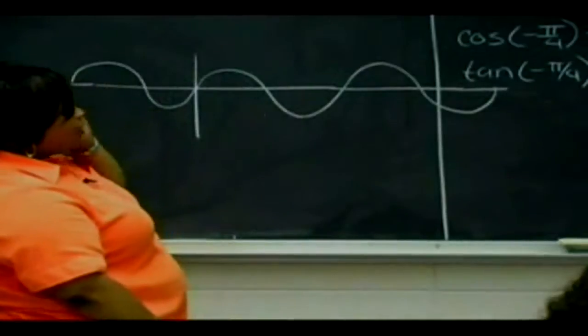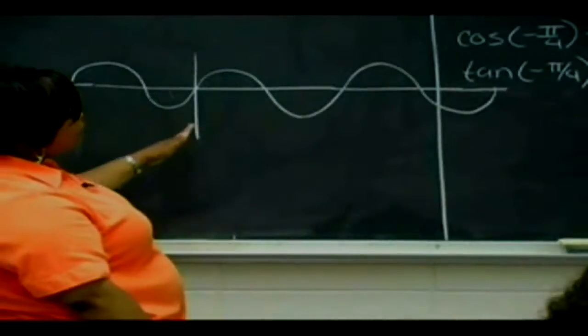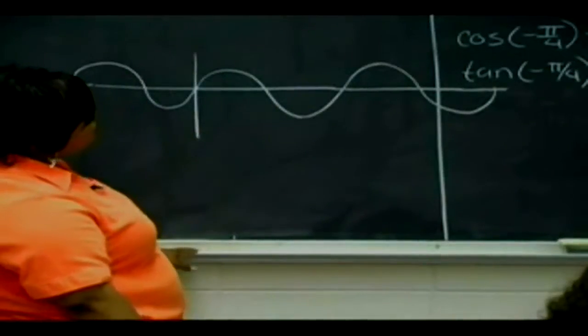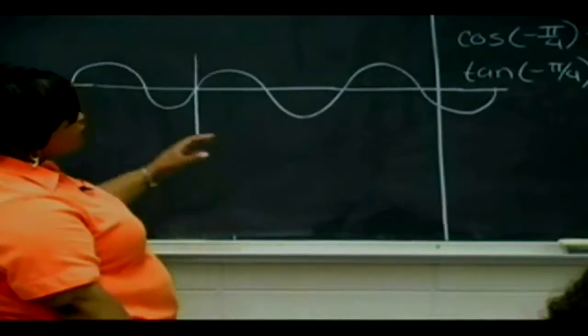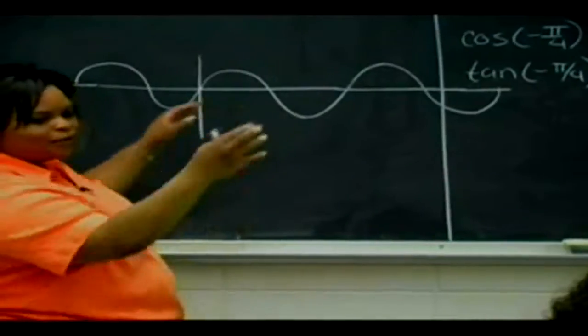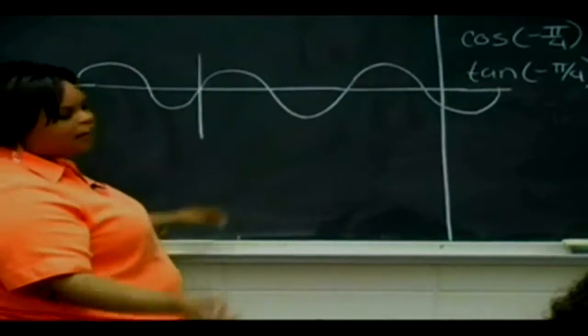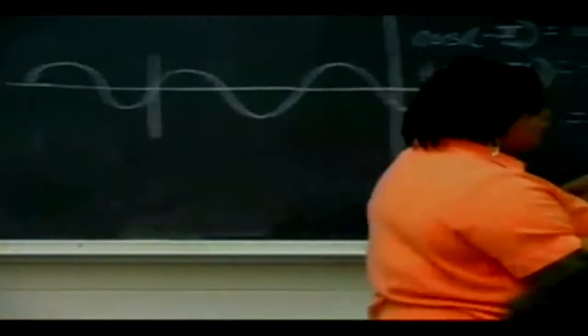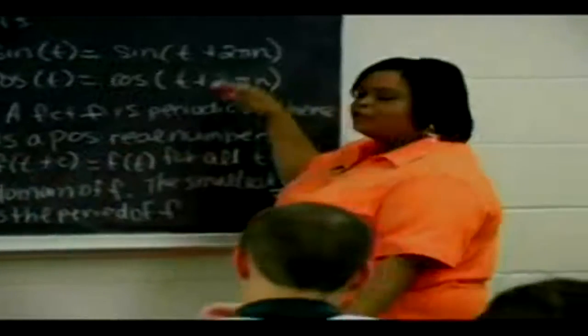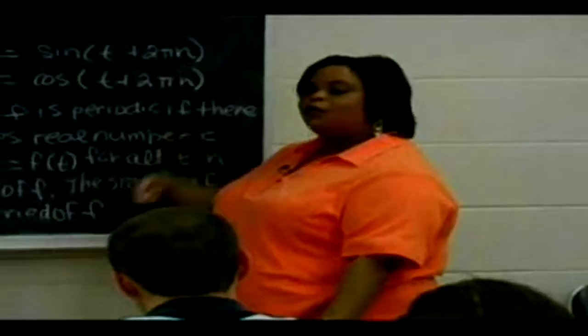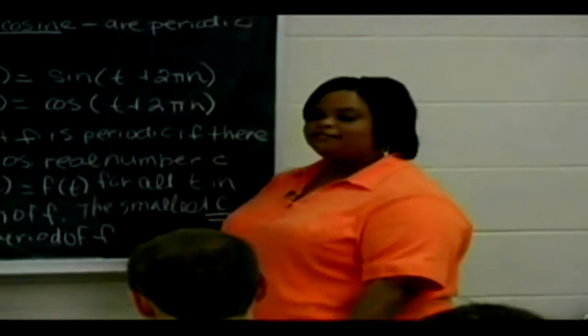So I may have 3 periods of this sine function, but what they want me to do is to evaluate sine of a specific value by taking all that repetition out. And knowing that this thing repeats every 2n pi, we want to take that 2n pi out.